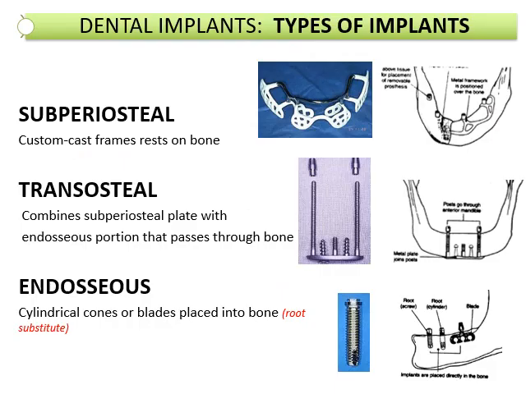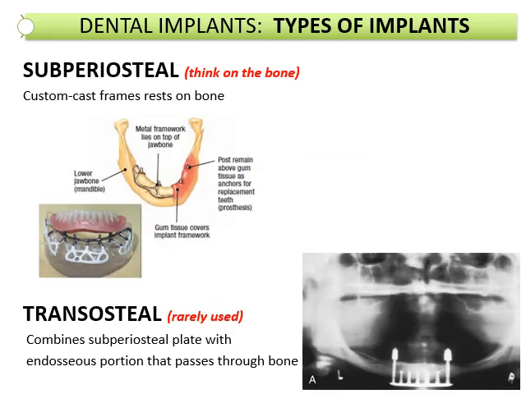Okay, we're going to talk about 3 types of dental implants: subperiosteal implants, transosteal implants, and endosseous implants. The first 2 types, subperiosteal and transosteal, are not used as often anymore, and very rarely will you come across patients that have dental implants like this.